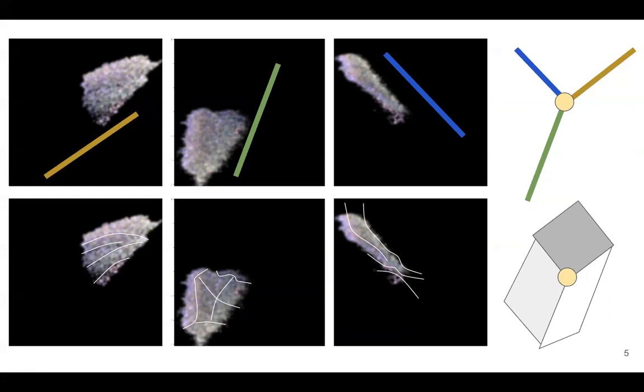Now, you can see in the top row that when you draw a line along the axis over which the tissue is most variable or has the most range, and then align them based on the angle of the direction, you can build a coordinate system that looks like a 3D prism, as I show in the bottom figure on the right.